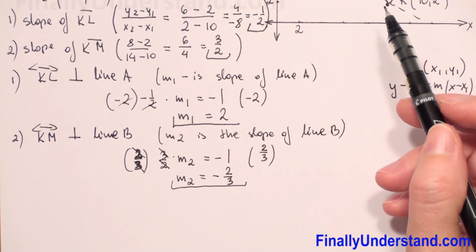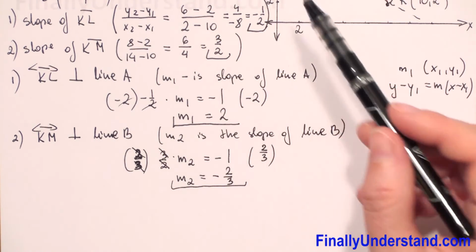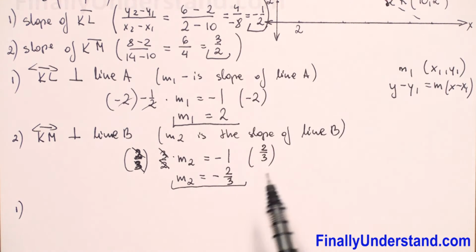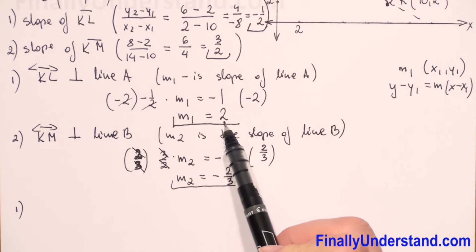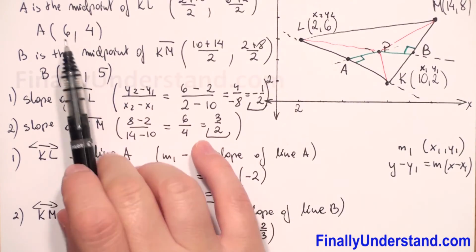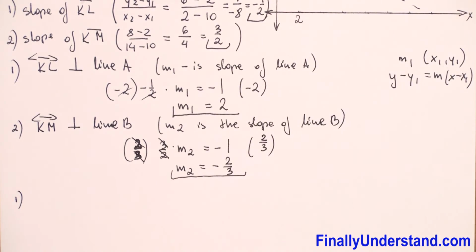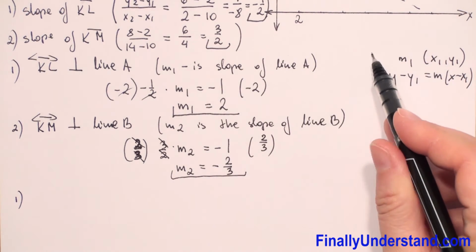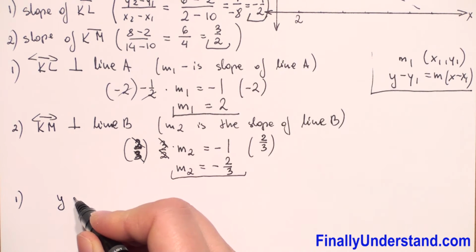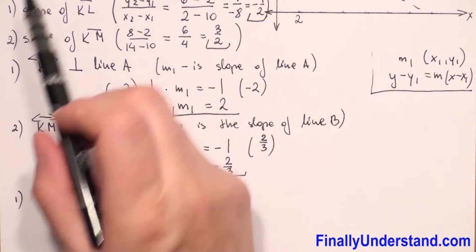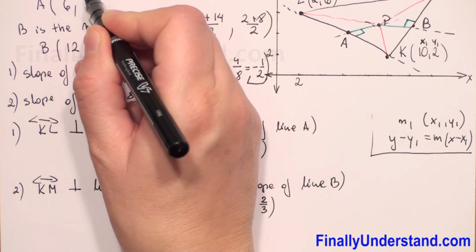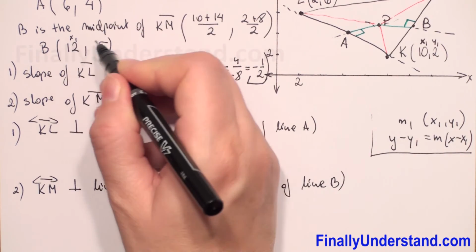First, we will find the line which is perpendicular to KL. So let's put again M1. We have slope 2 and point A has coordinates 6, 4. So we will use this formula. Y we need to copy, minus y1, this is x1, y1.